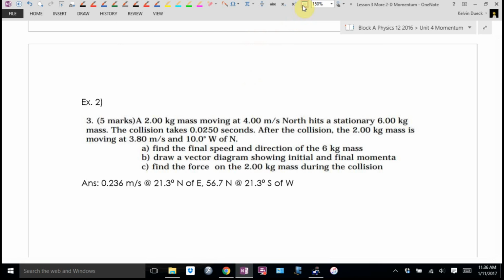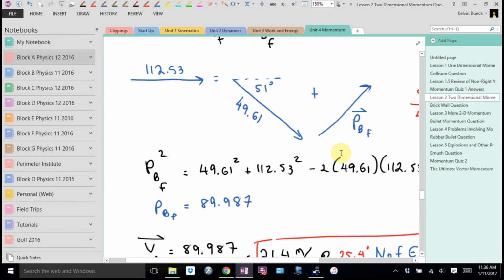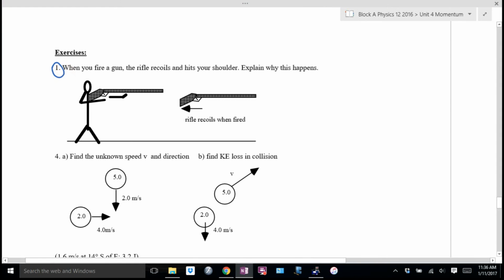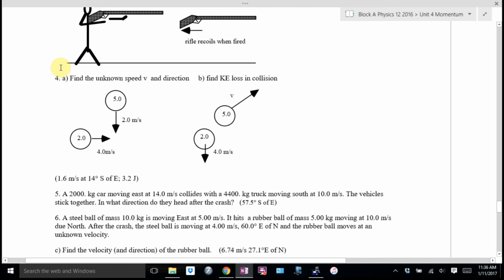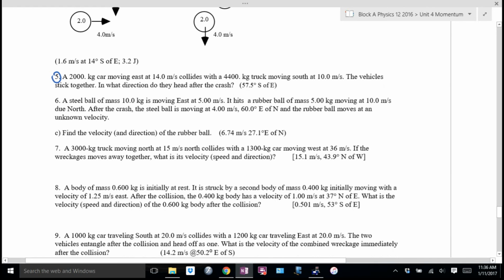Can you go back to the last lesson, lesson 2? Number 1 is nice and linear. You can try that. Okay? Number 5, I know the numbering, I nuked some questions. Moving east, moving north.